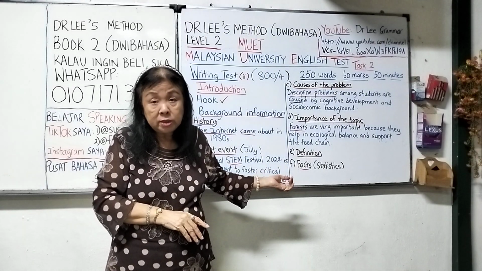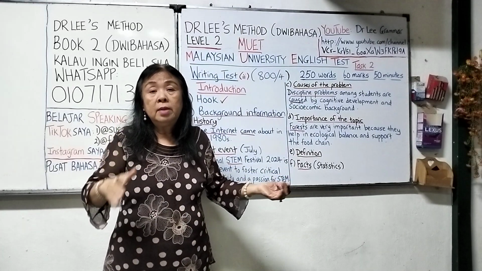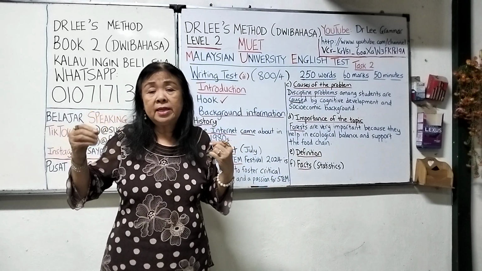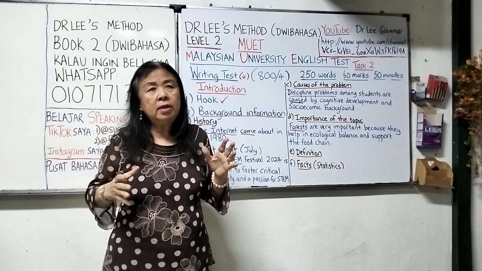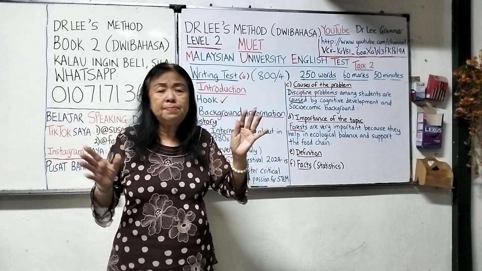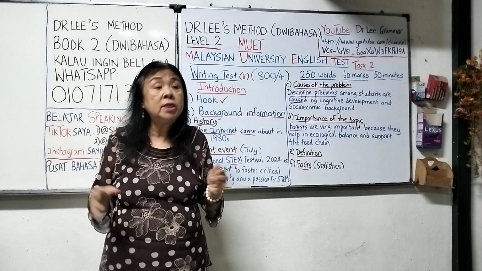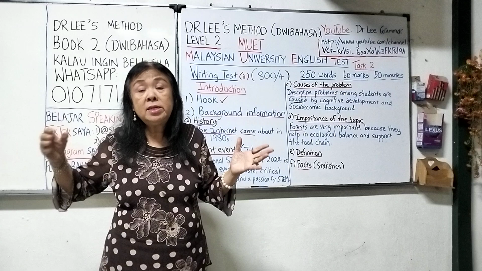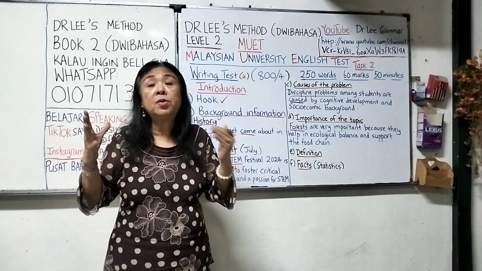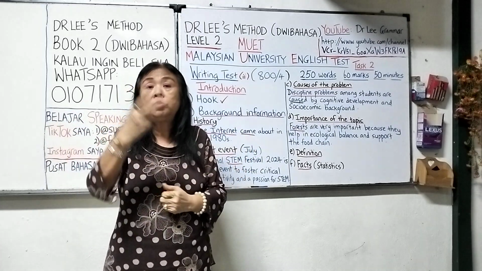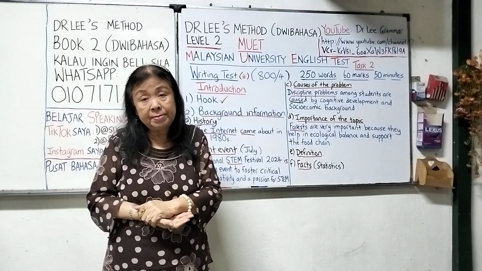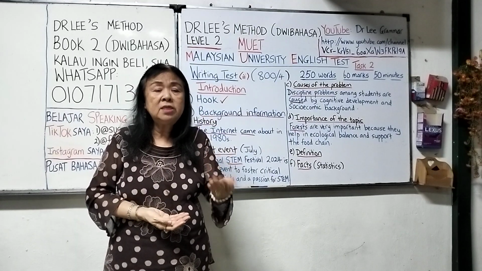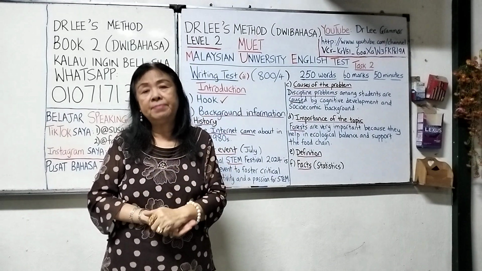I also mentioned facts in hook, because using facts like statistics, like according to statistics, 60% of the population of Malaysia is youths. Then you can continue by saying that is why they are very important in our country. So you have two sentences, then you can go to your thesis statement. But if it is argumentative, you have to put your stand and then thesis statement.